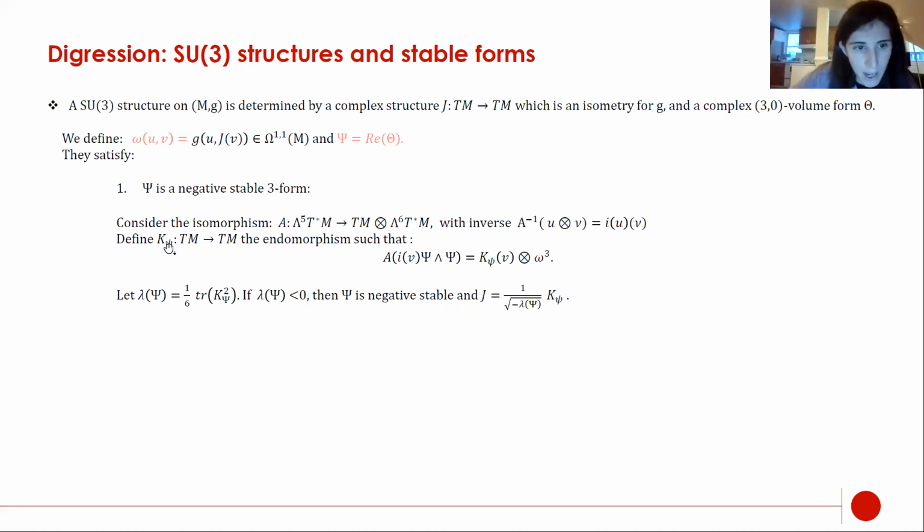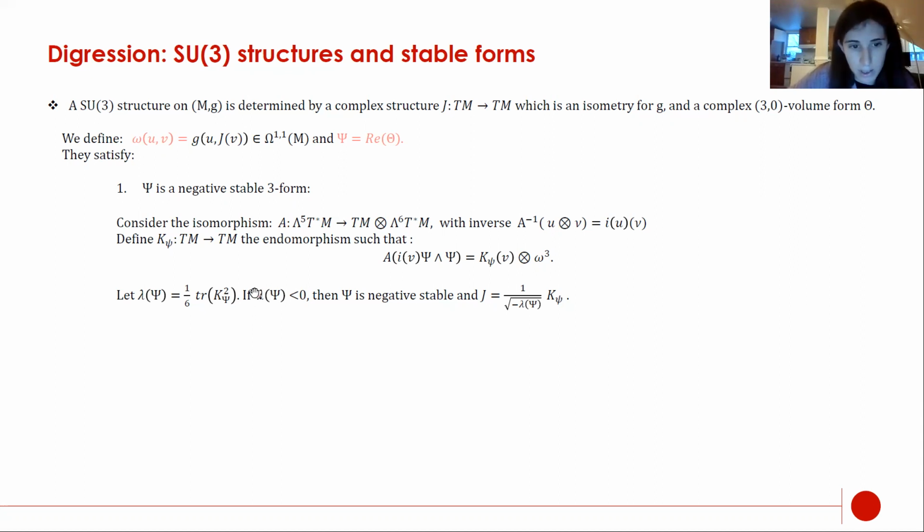And one can define an endomorphism of the tangent bundle by this relation. That is, when we apply the isomorphism A to the five form determined by the wedge of the contraction of psi by V and psi, this has to be the tensor product of K psi acting on V, tensor the cube of omega. And then we consider the trace of K psi squared up to a constant.